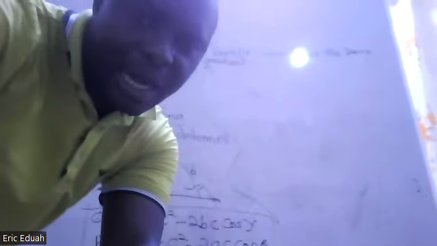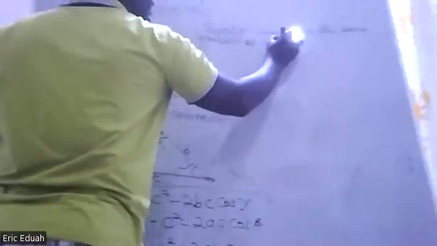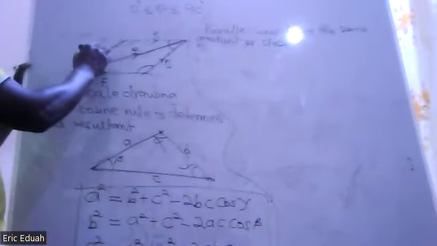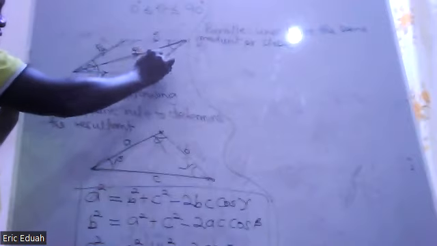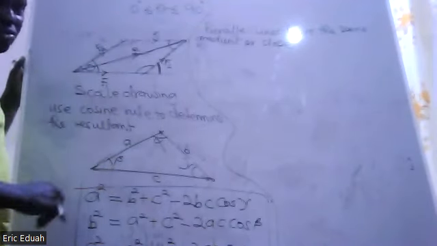What it therefore means is that if this line is parallel to this line, then when I extend this, the angle from F2 to F1 must be the same as this angle, because they are parallel and equal.